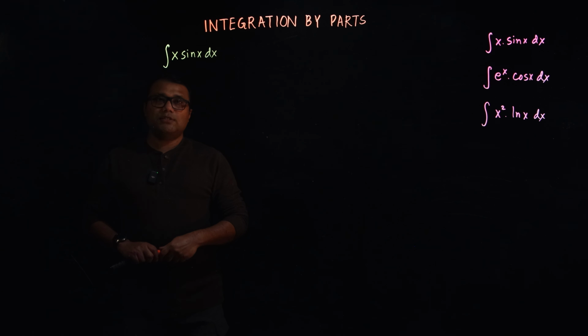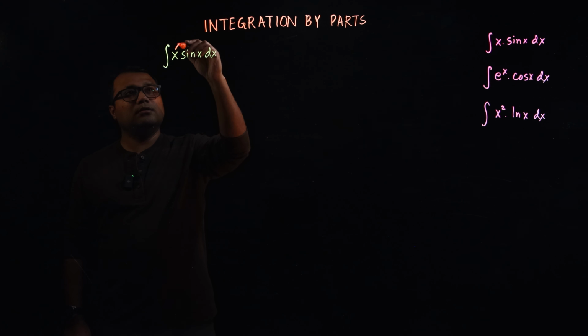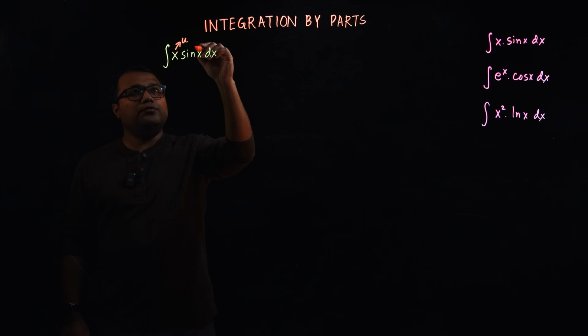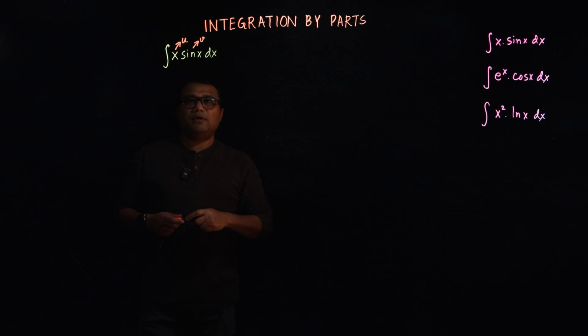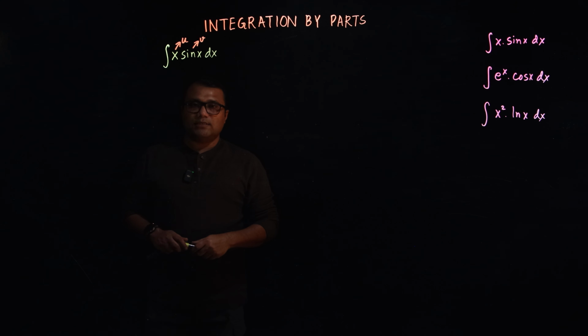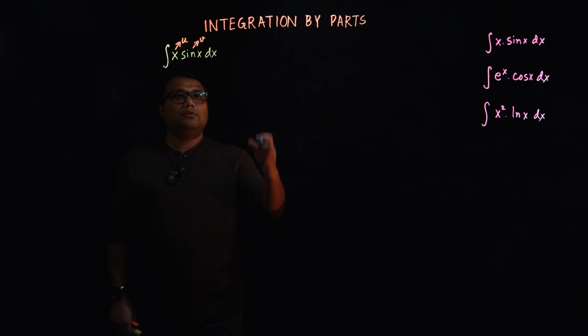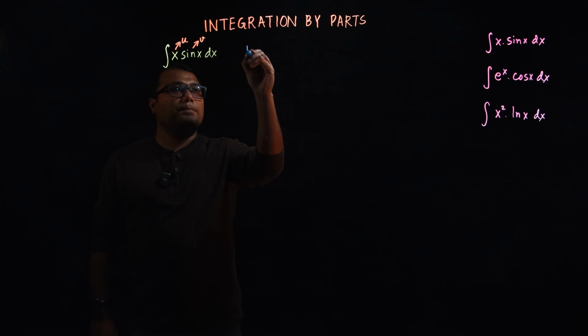Okay. So the first step is to figure out which we will choose as our u function and which we will choose as v. Either choice is good in this case, but let's say x is u and sin x is v. Now let's build out the DI table.